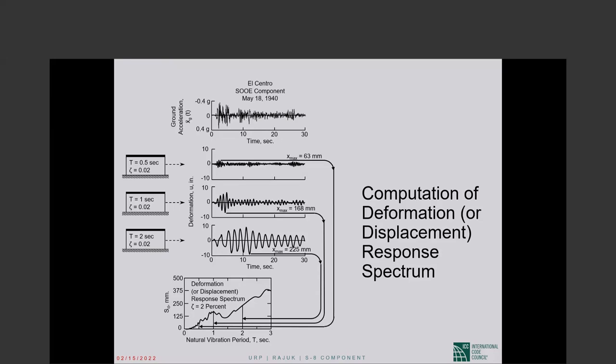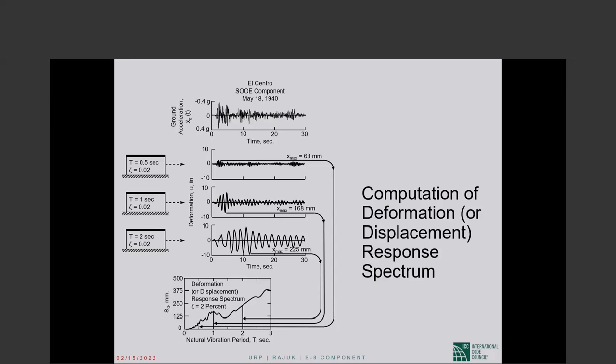Okay, so the response spectrum is for one component of one ground motion. It is for one fixed value of damping, but it is for varying periods. And it gives us the elastic responses of single degree of freedom systems.